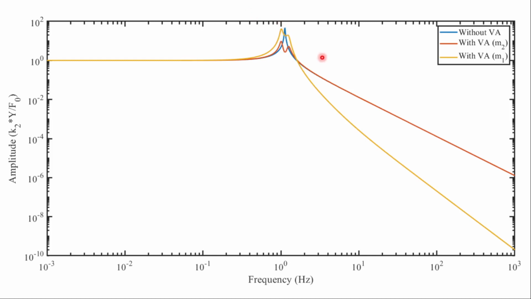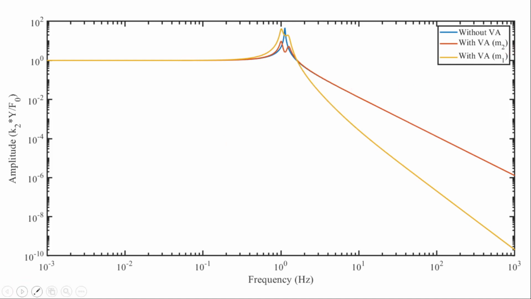By adding the vibration absorber, we are avoiding the high amplitude oscillations of the machine there. Instead, we see two other peaks, but they are of relatively lower amplitude, and the vibration absorber's amplitude is given by the yellow curve, which is much higher than the amplitude of the machine.